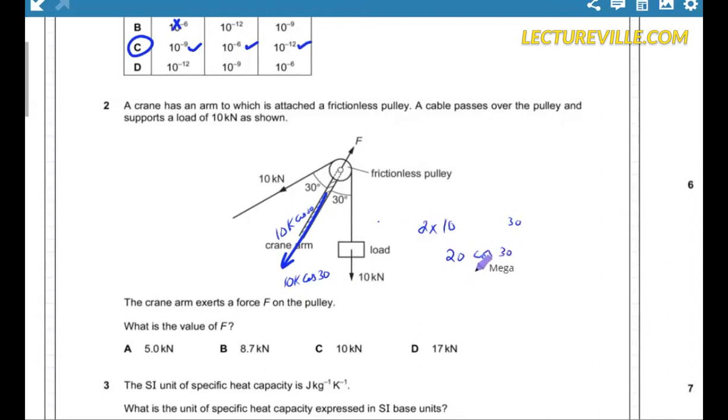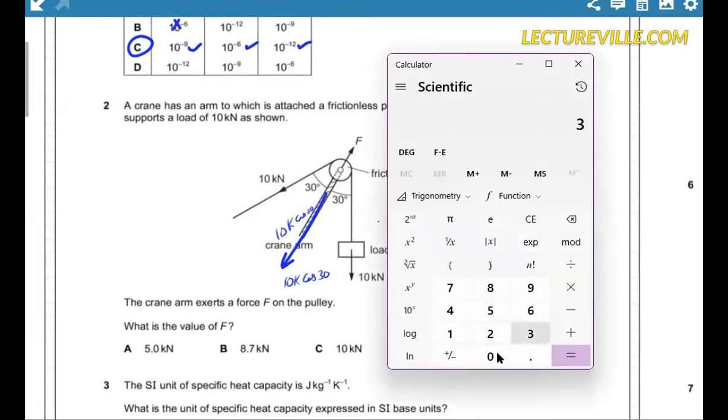Using a calculator, 30 cos... oops. Why am I dividing with 0.02?